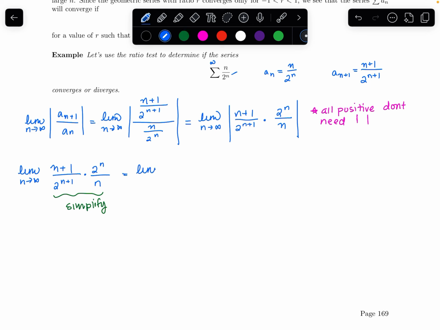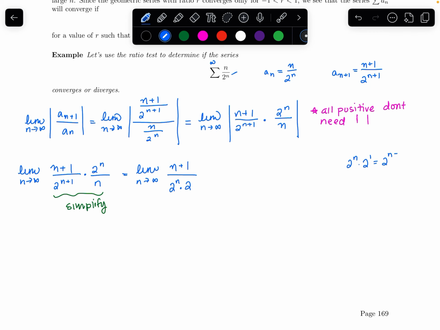So I have the limit as n goes to infinity of n plus 1. And when I see these exponentials like 2 to the n, I think of my exponent rules. So 2 to the n plus 1 can be rewritten as 2 to the n times 2, since 2 to the n times 2 to the first.